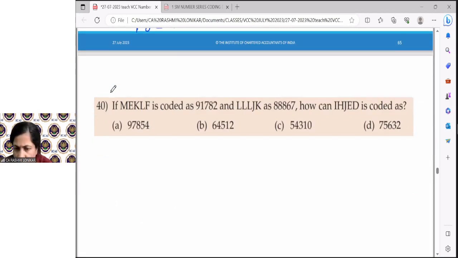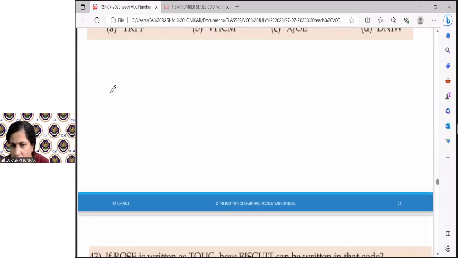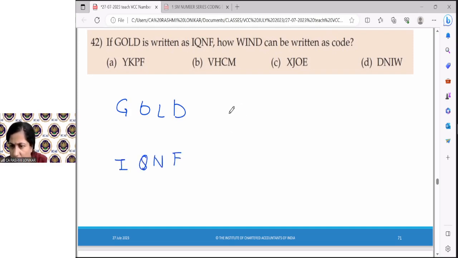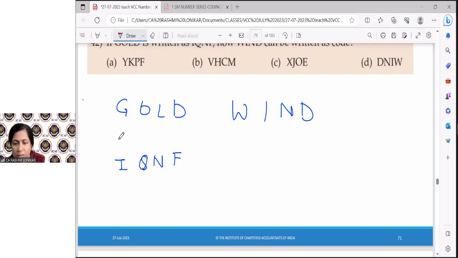Then 42nd. Let me take 42nd. Okay. Now GOLD is written as IQNF. How will WIND be written? Okay. E-F-G-H-I-O-P-Q-L-M-N-D-E-F.